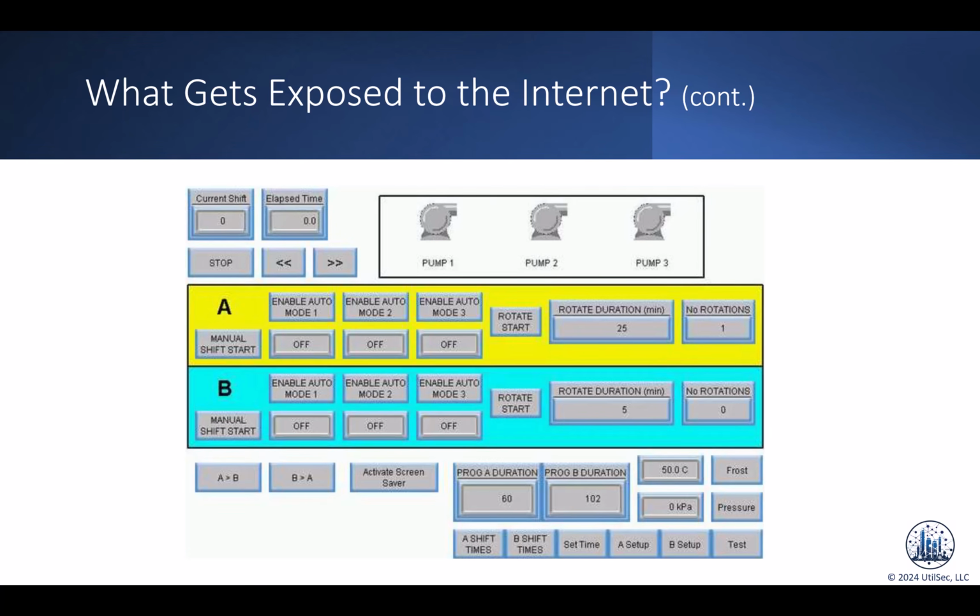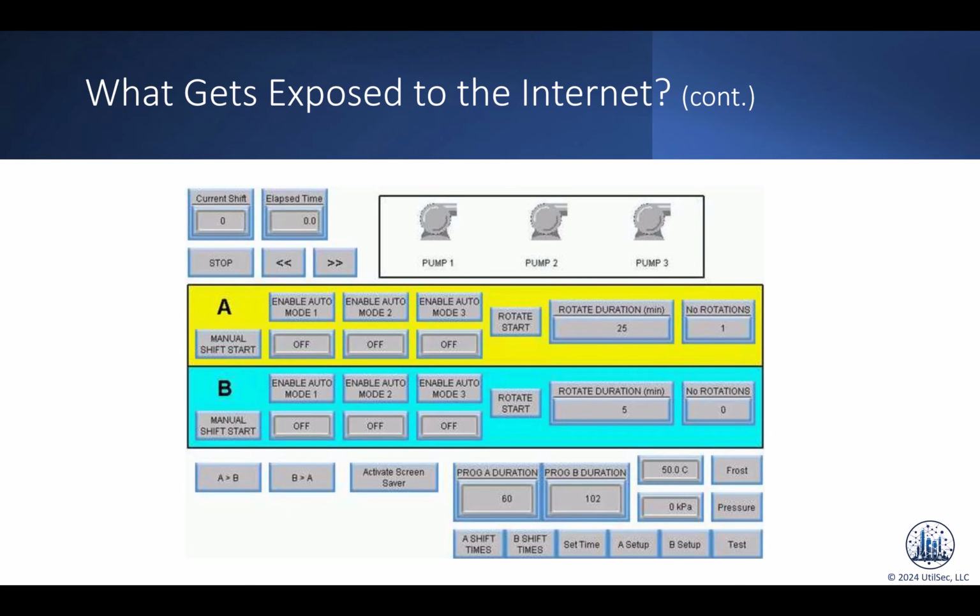So a lot of times we find these also connected to the internet. Sometimes they're in read-only mode, so nobody can manipulate them remotely, which is great. But do we still really want it exposed to the internet? And then we also see sometimes they can be interacted with, and that's where there's definitely a concern. So we'll look at how you can find these on the internet.